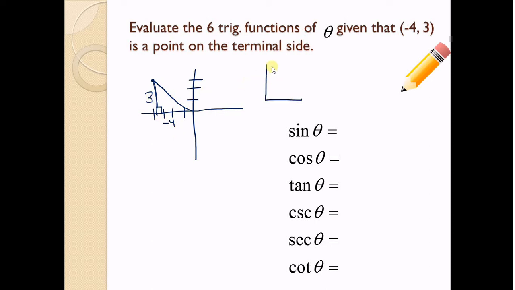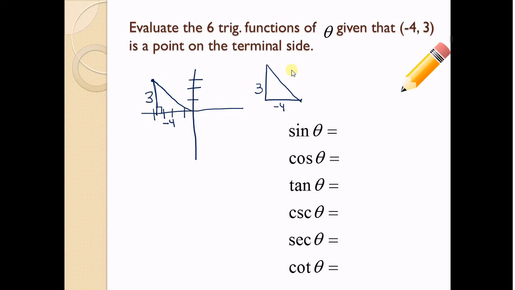So let's draw this off to the side so it's easier for us to see. I need to find this other side. What in our toolbox allows us to find the other side of a right triangle? Pythagorean theorem. So I can go 9 plus negative 4 squared is a positive 16.